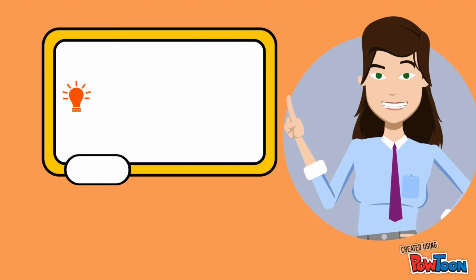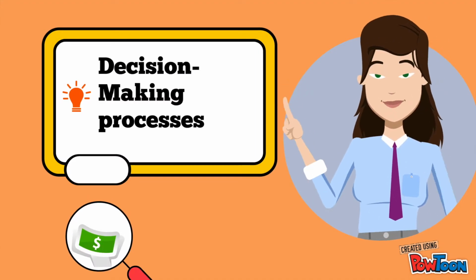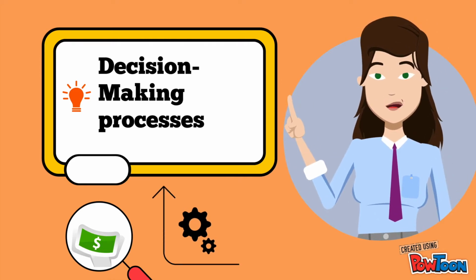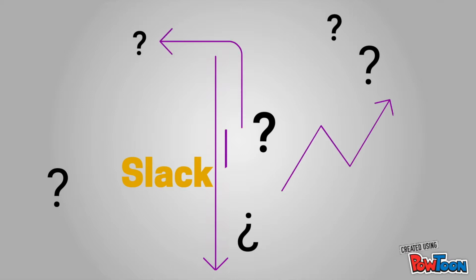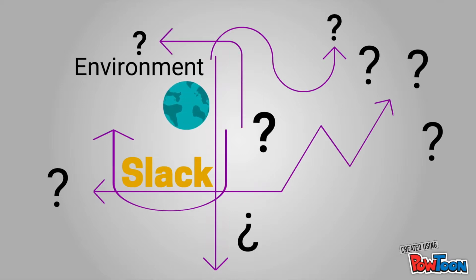The final dimension, decision-making processes. The costs of search and the human characteristics of decision makers can influence information search. Slack was defined as the cushion of potential resources which allows the organization to adapt to internal or external pressures or to initiate changes in strategy.